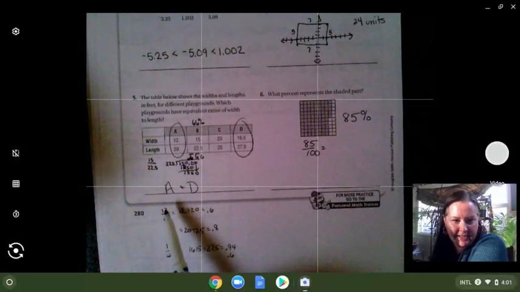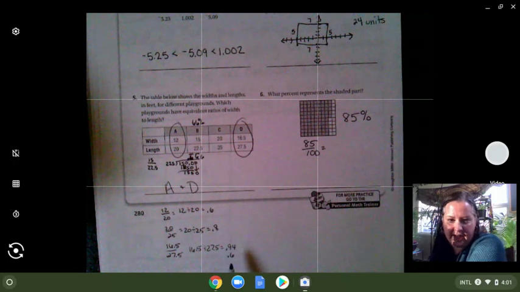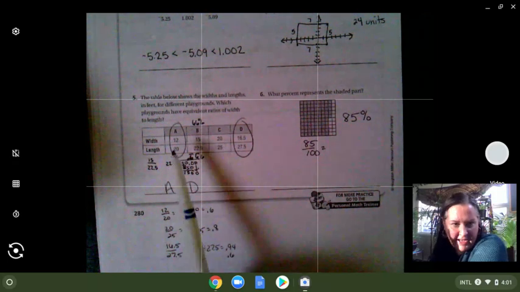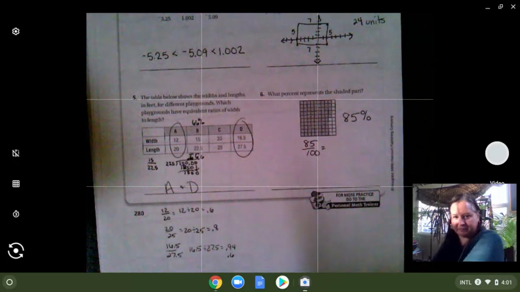And that is what I did here: 12 divided by 20, 20 divided by 25, 16.5 divided by 27.5. And I put those in a calculator, and I found that A and D are equivalent. A and D are equivalent.